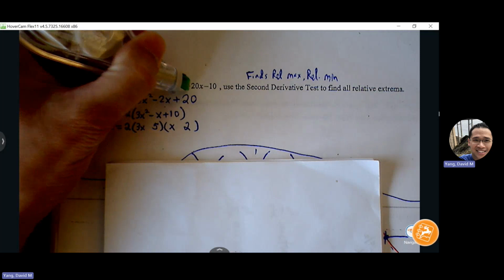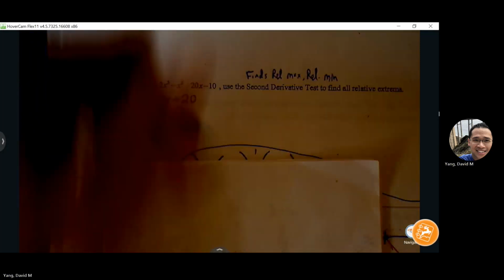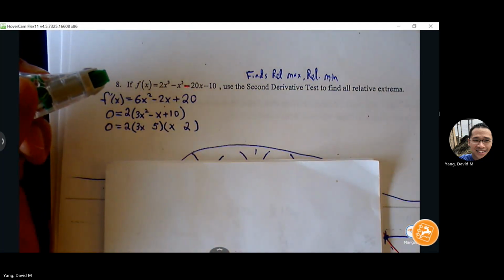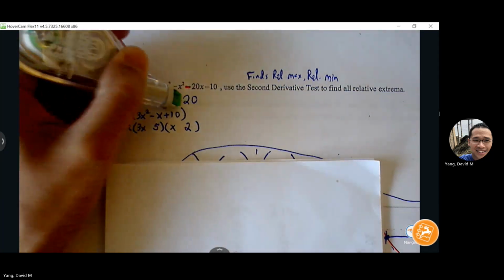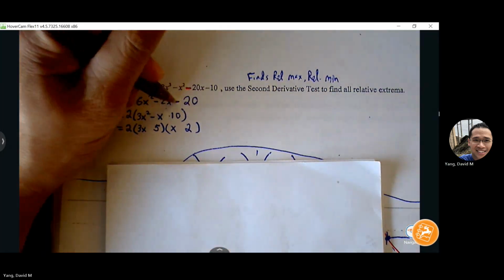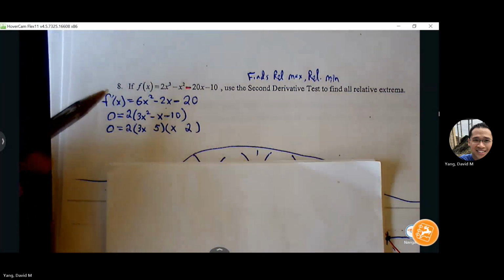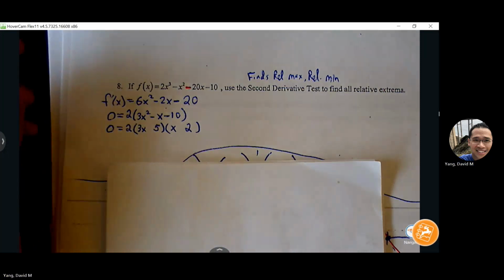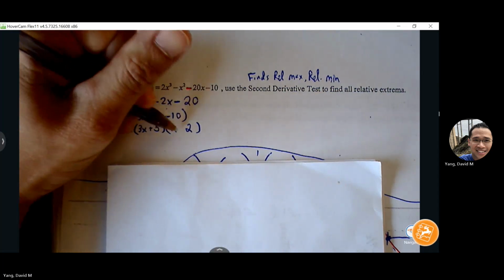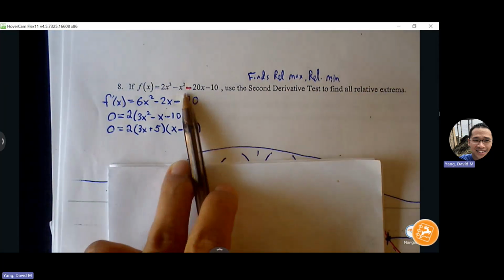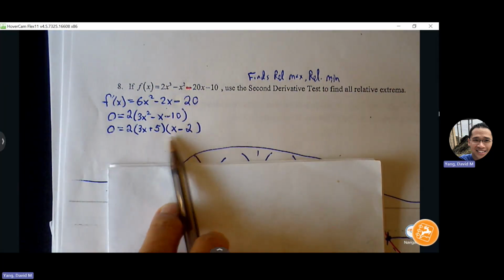I made the change on the key, but not on the worksheet. It multiplies to be negative 30, adds to be negative 1. Yeah, sorry, negative 20x.